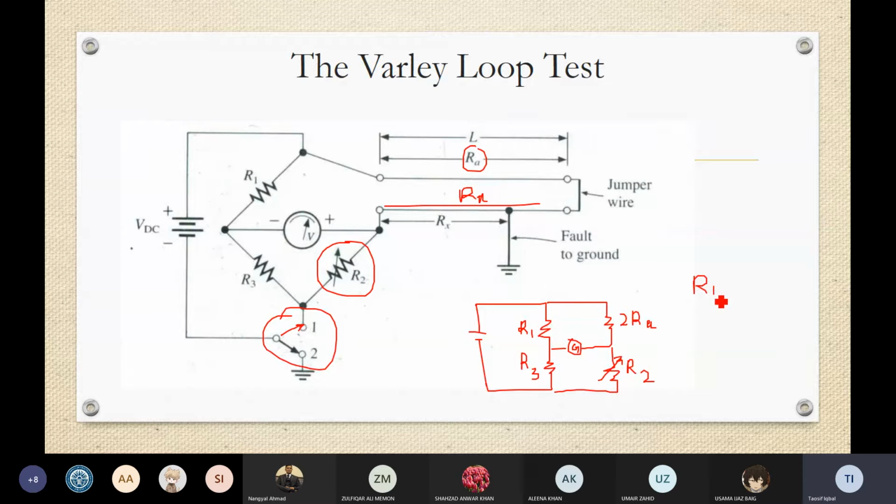So once the bridge is balanced, then we can write down the ratio as R1 over R3, and this is equal to 2RA and R2. So from here we can find the value of RA.